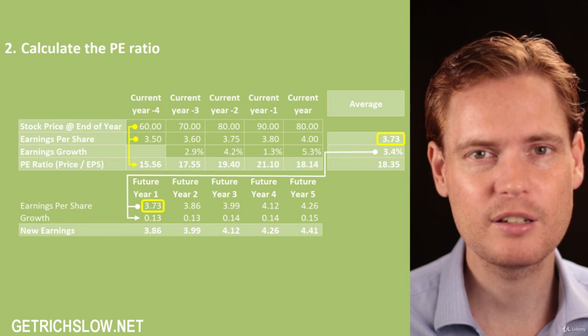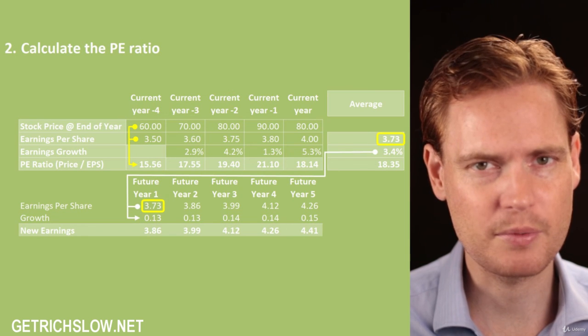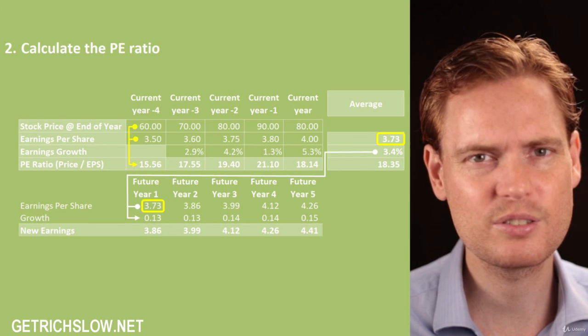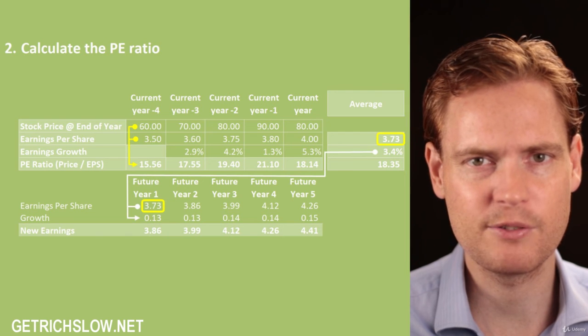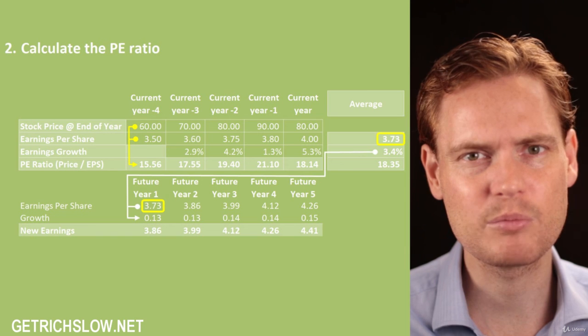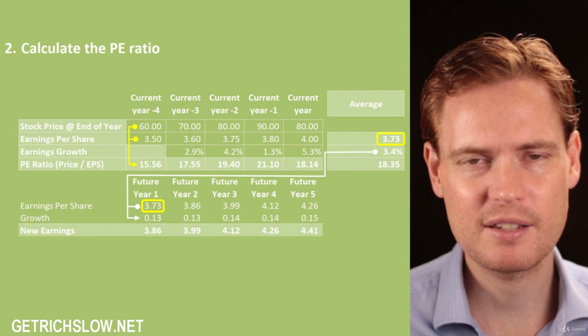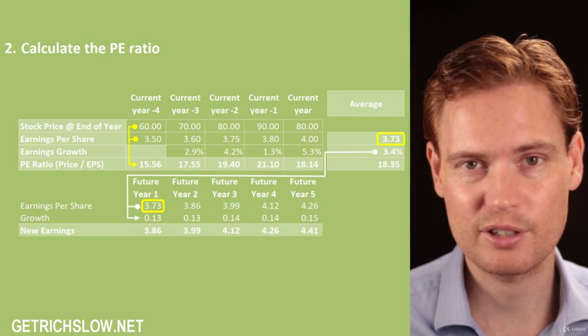A low PE of say 10 and below means that the market doesn't expect too much growth from the company, and for it to continue doing what it's doing without too many fireworks. And a very low PE of say 5 and below tends to mean that the company is in trouble and investors are scared to own the stock.